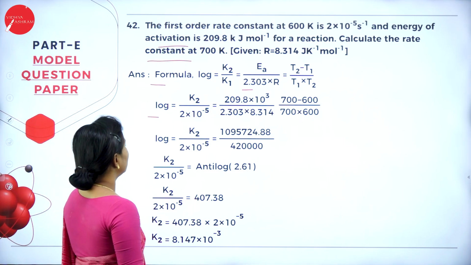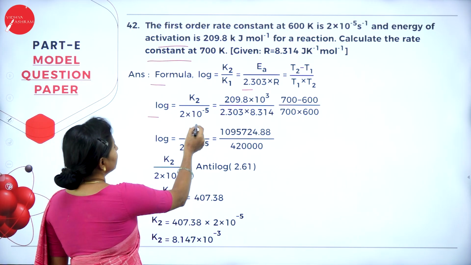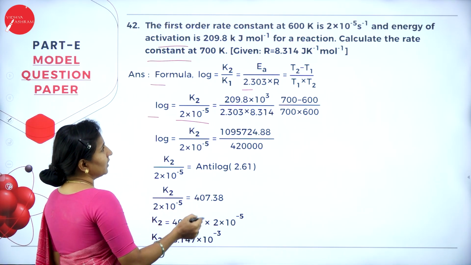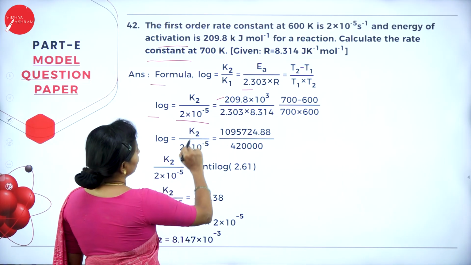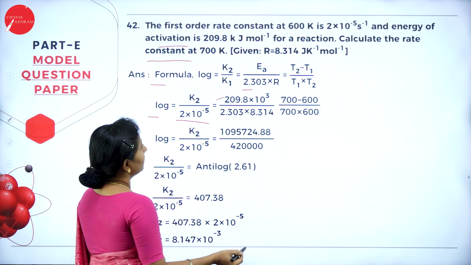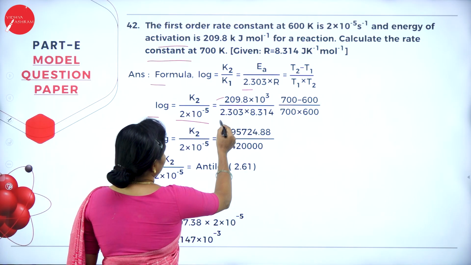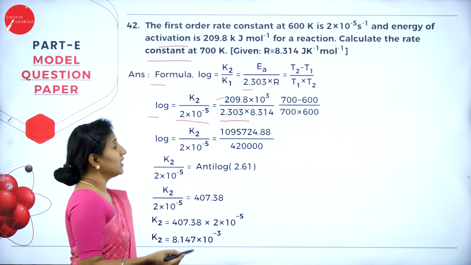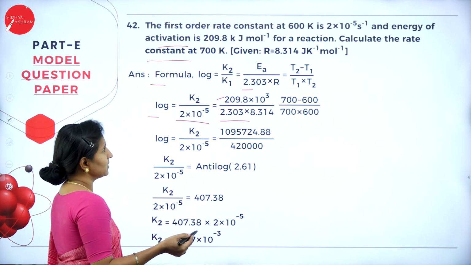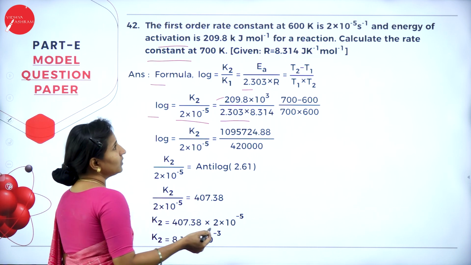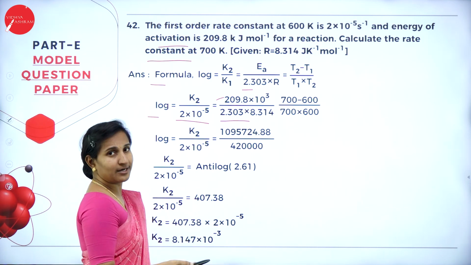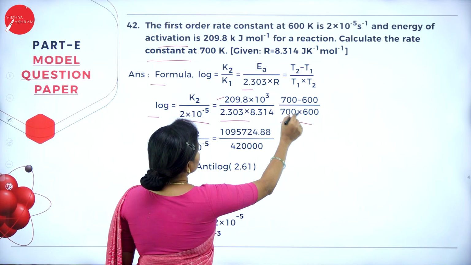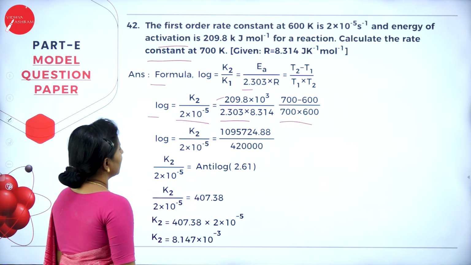We have K1 value, that is 2 into 10 power minus 5. We have the energy of activation value 209.8 into 10 power 3 divided by 2.303 into 8.314, that is the value of the universal gas constant. And we have T2, that is the final temperature, 700 minus 600 Kelvin divided by 700 into 600.